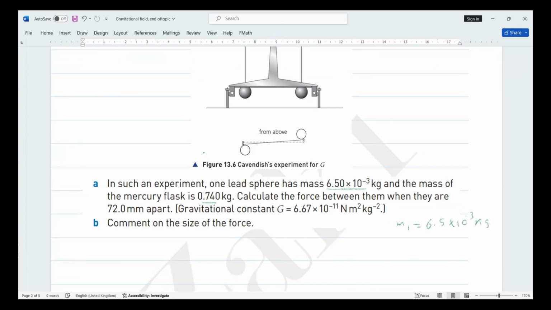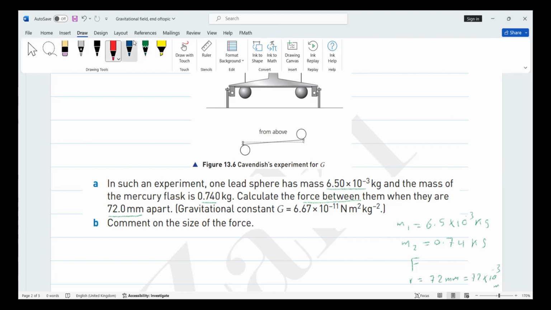And the mass of the other one, M2, equals 0.74 kilogram. Calculate the gravitational force F when they are 72 millimeter apart. So this is R, the distance between them, 72 millimeter. We have to convert to meter by multiplying by 10 power negative 3, so it is 72 times 10 power negative 3 to be in meter.